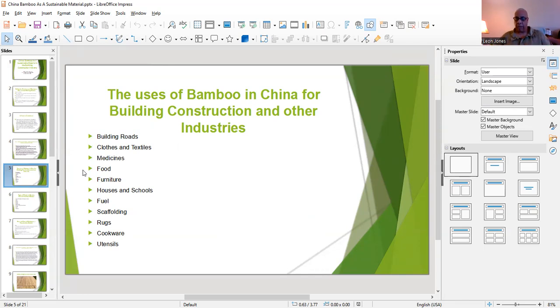Now, of course, how would I sell it to America? Well, in America, if they were going to use bamboo, we would have to find a way to grow it because, again, bamboo is a tropical grass. Now, you could probably grow it in Key West, a place where it's really warm, somewhere down there by the equator, because that's one of the warmest parts of the country. And you may be able to grow it just south of Miami before you get to the Florida Keys.